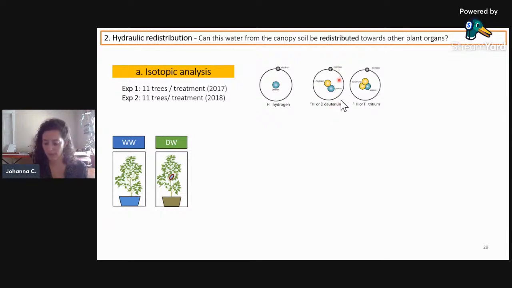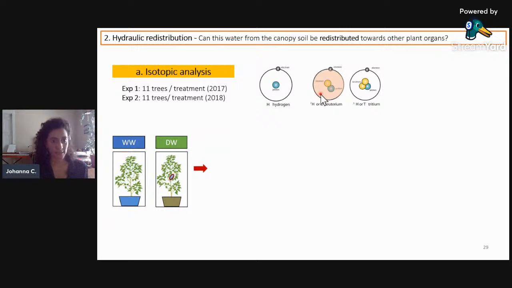So we use in our case deuterium, which has a neutron plus, that makes it heavier. And then there is tritium that has 2 neutrons and is a radioactive isotope, so it's not stable compared to deuterium. So now that we have heavy water, we were going to be able to track where that heavy water is going to move within the tree.